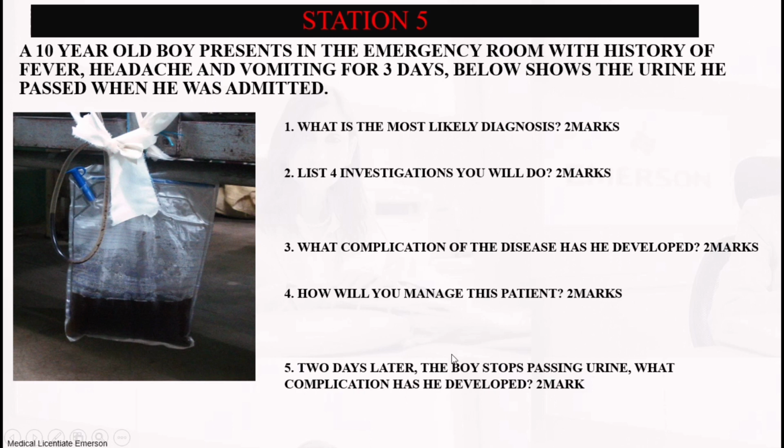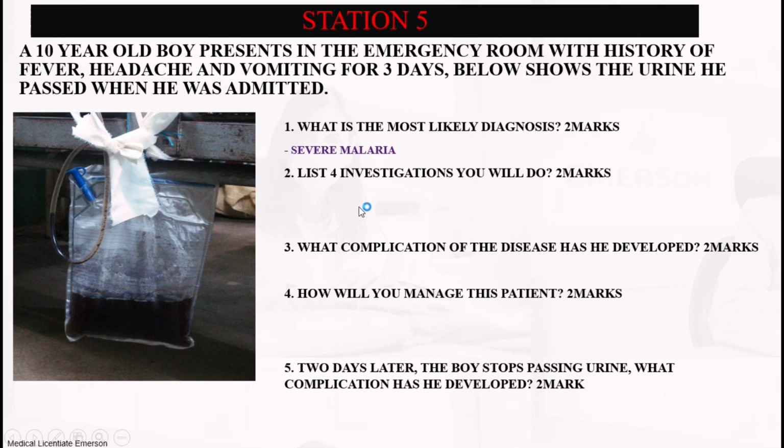Then 2 days later, the boy stopped passing urine. What complication has it developed? And also, if you follow through the signs and symptoms given here, this is most likely severe malaria. And also from this point, we are going to know on question 3.